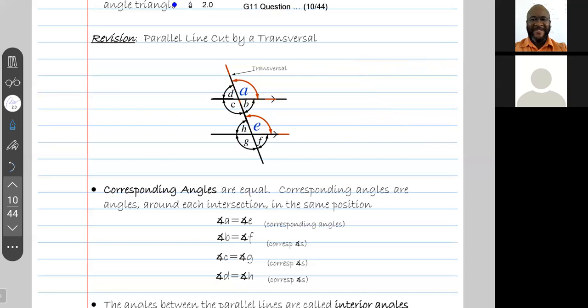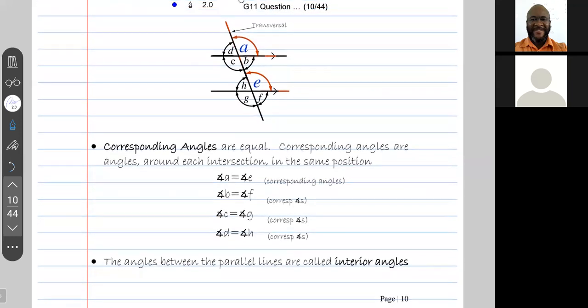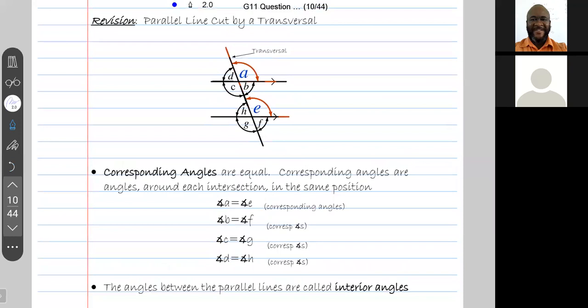Guys, you need to remember that when parallel lines are cut by a transversal, the angles around each intersection in the same position are equal and are called corresponding angles. From my diagram, A is equal to E, they are corresponding angles. A is the top right angle at the top intersection, and E is also the top right angle at the bottom intersection.